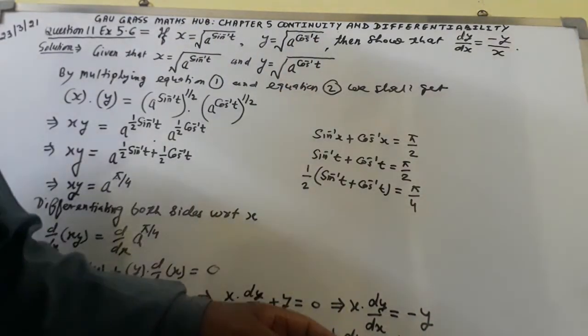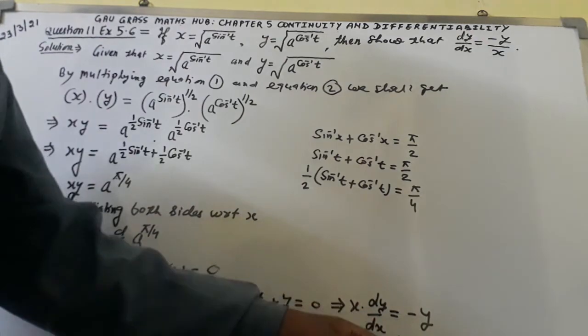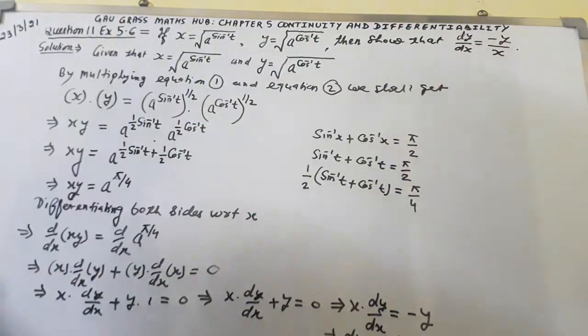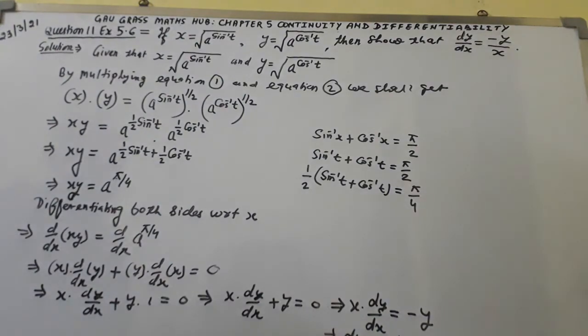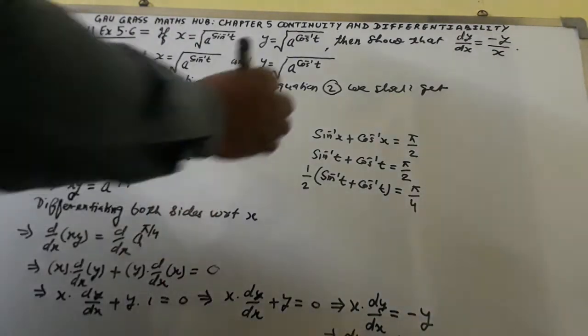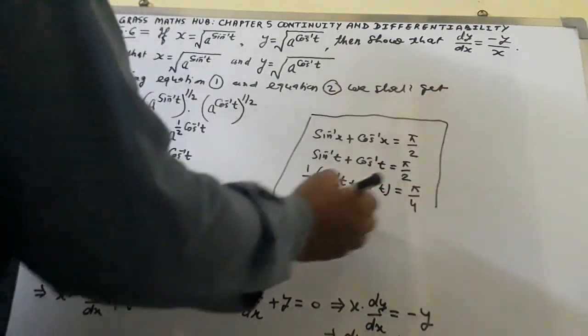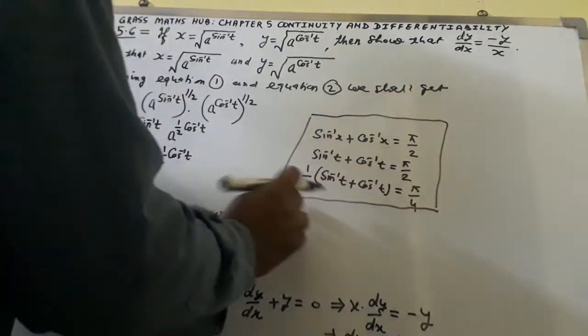So here you have got dy over dx is equal to minus y over x. This thing you have got here. This thing I can enclose in box like this.